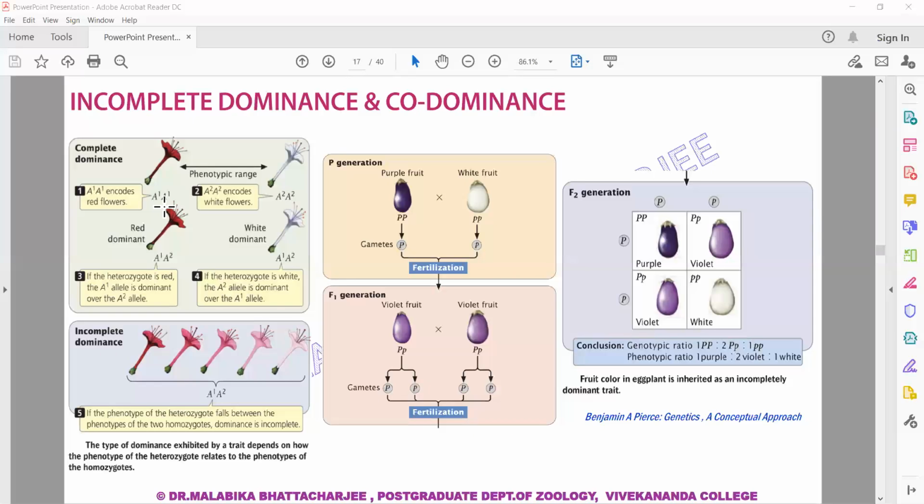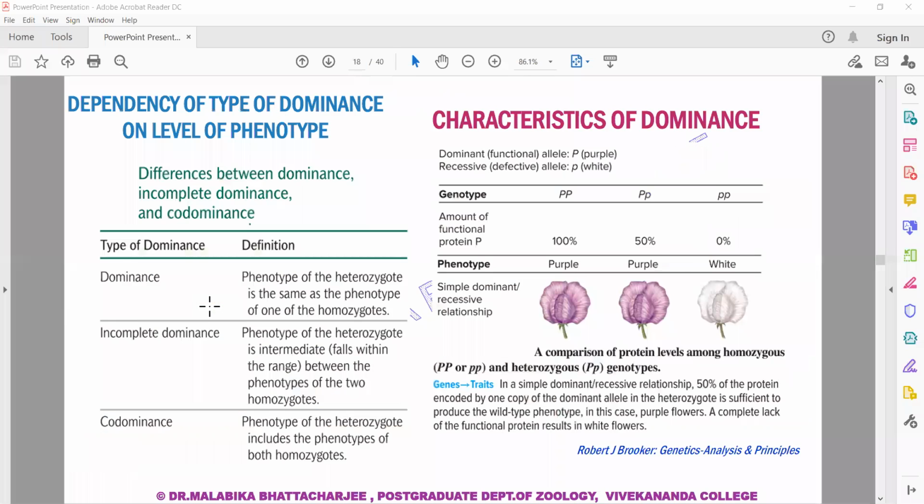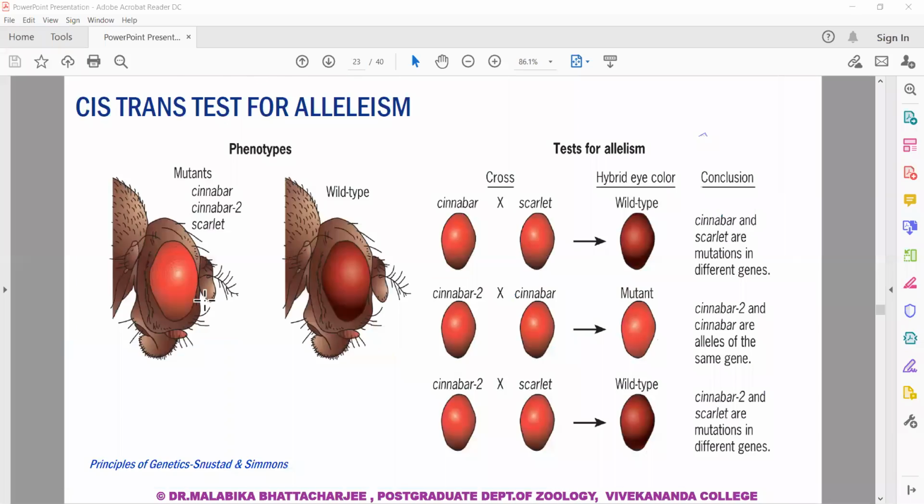I started with dominance to make you understand that in dominance, one allele masks the effect of another allele. Here, in epistasis, also one allele masks the effect of another allele, but the two alleles in question do not belong to the same locus or same allelic group. So with that, we start our epistasis.